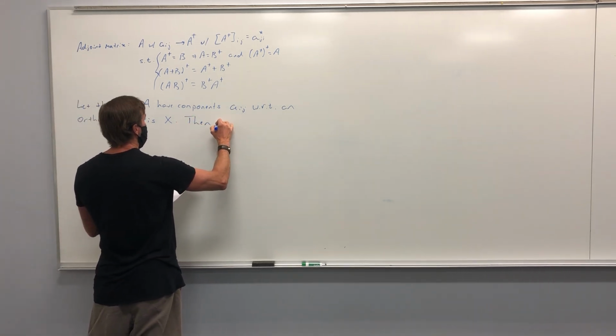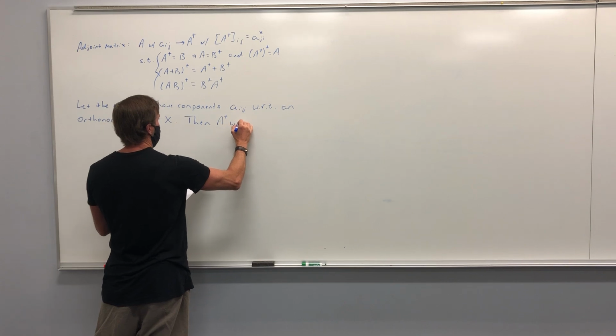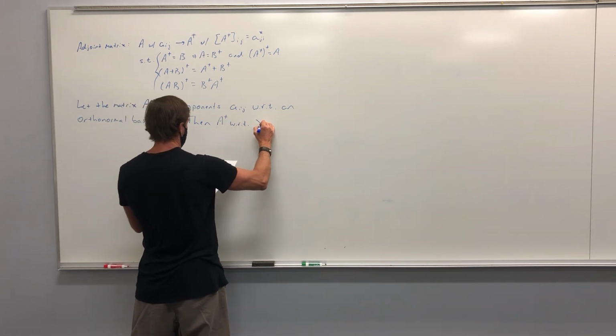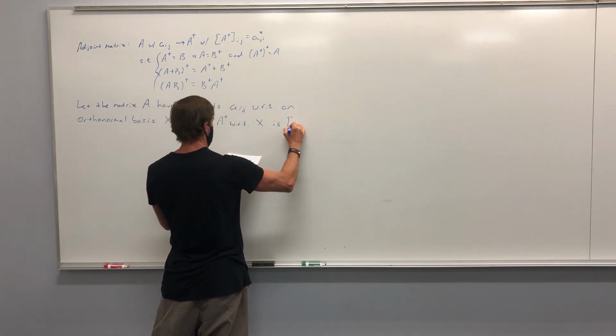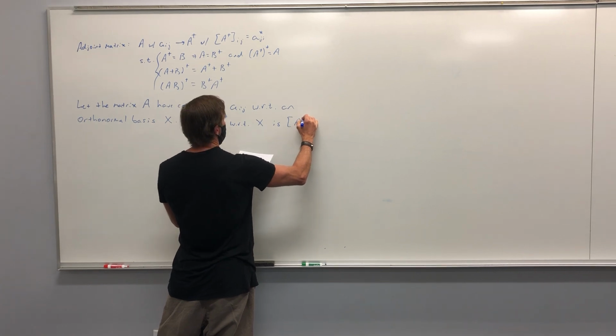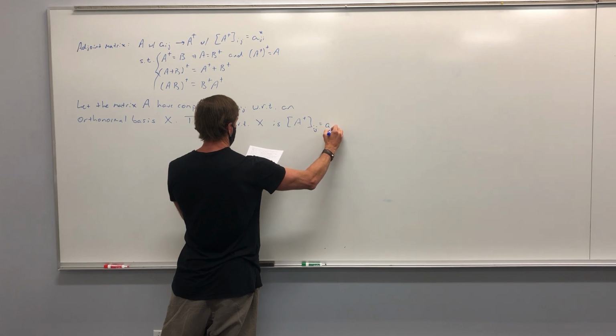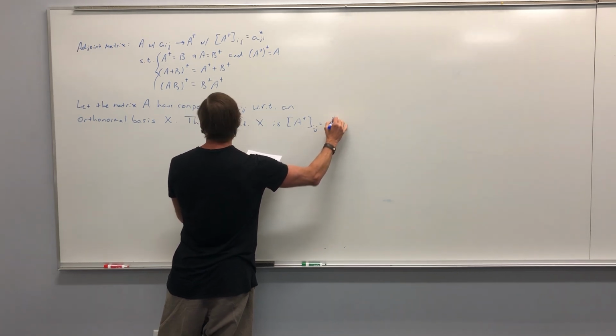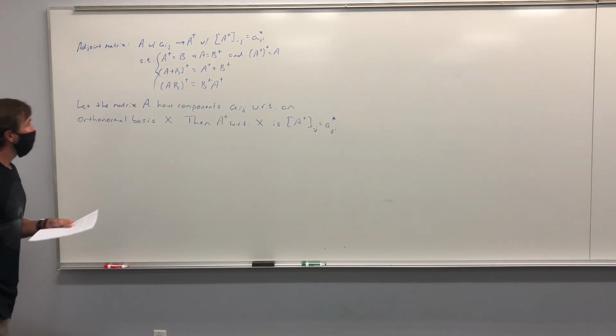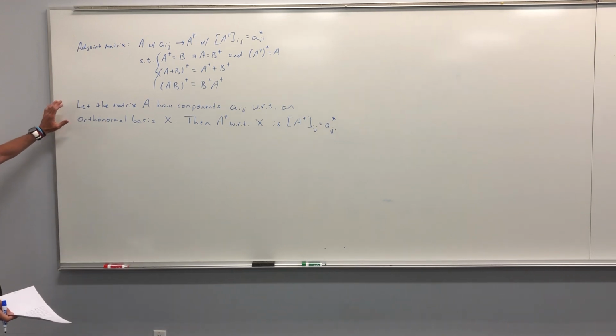Then A† with respect to the same basis x is (A†)_ij, which is A_ji star. Okay?